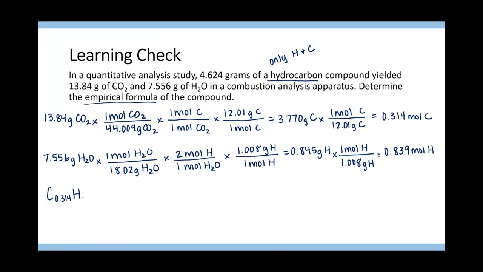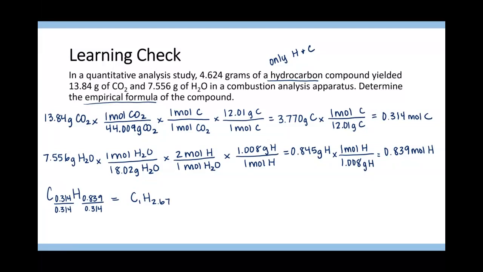C 0.314, H 0.839. Divide by the lower number, 0.314. C1, H 2.67, depending on how you round.